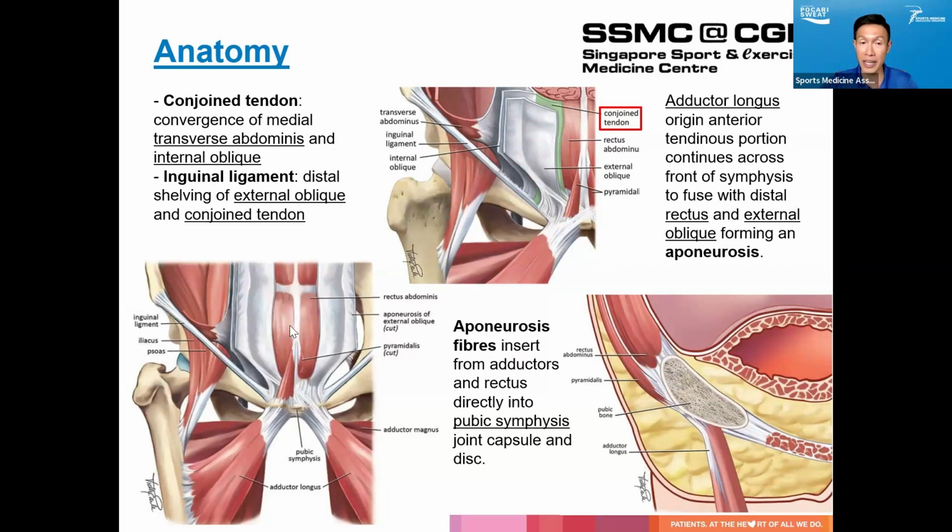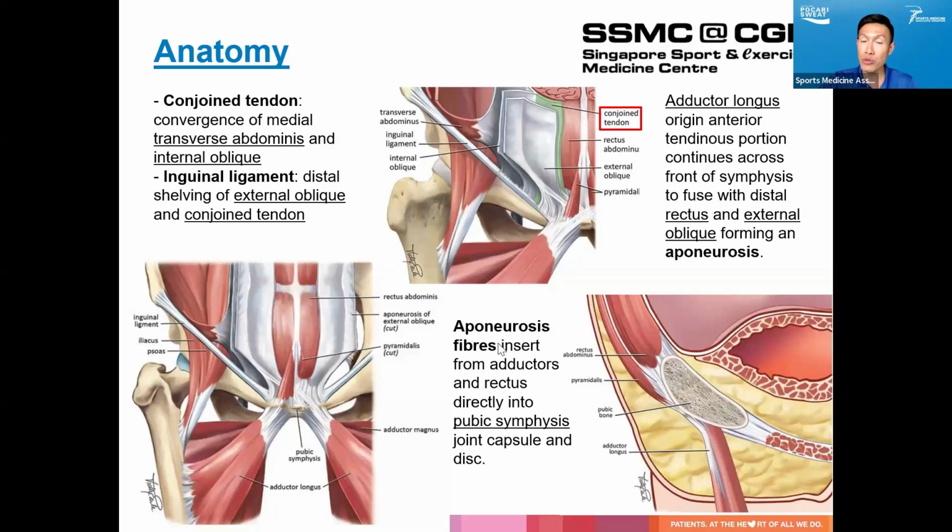We talk about the 6-pack, right? So the rectus abdominis insertion over here, and you can see it forms what we call an aponeurosis, or a bit like a fibrous web, if you may. A covering that combines the adductor longus tendon, the rectus abdominis insertion, as well as the inguinal ligament. So a bit like a 5-pointed star.